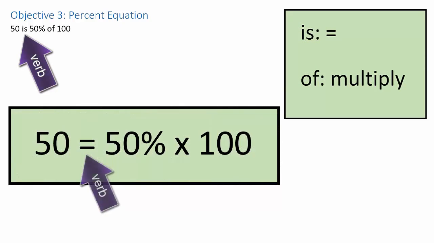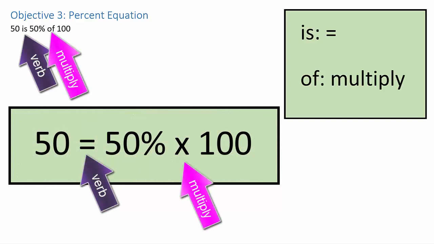Objective 3, percent equation. 50 is 50% of 100. Let's translate this into an equation. Is is a verb, so that's where the equals goes. Of in mathematics means multiply. So we have 50 is, which is equals, 50% of, which is multiply, 100. 50 equals 50% times 100.